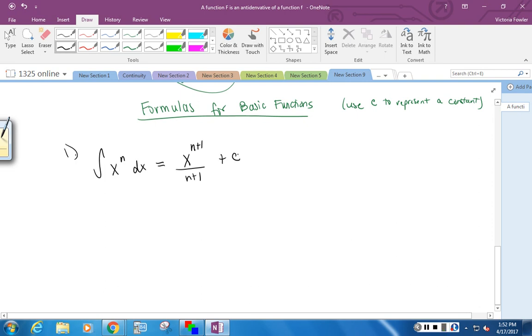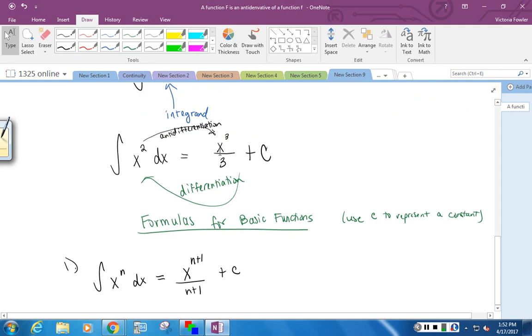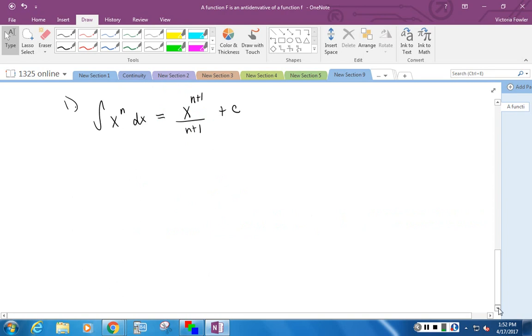Right? So if I look back at this example here, if I have x squared, I'm going to add 1 to the power, so that makes it cubed, and then I'm going to divide by that power. And then we have plus the constant because we were talking about the indefinite integral here. Okay, so basic example, you just saw it a second ago.